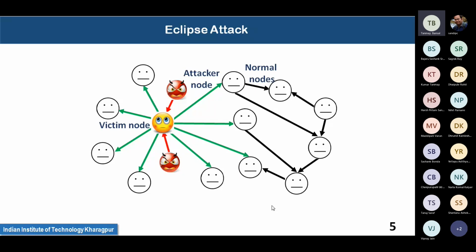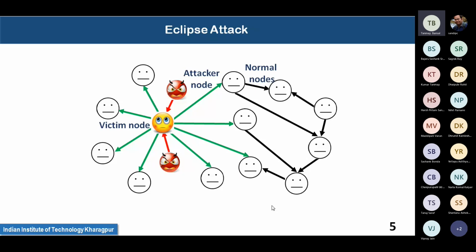But slowly, the attacker group will try to ensure that the list of peers for the victim node, which of course it must be maintaining internally, is filled up only with addresses of nodes which are indeed part of the group of the attacker.